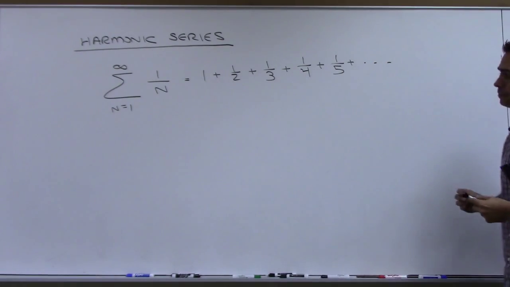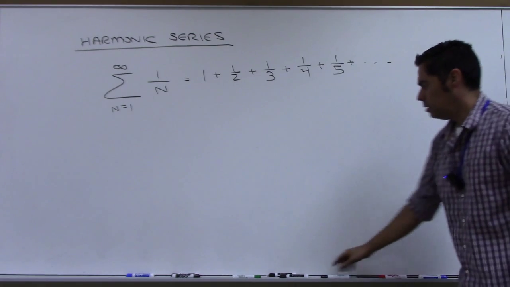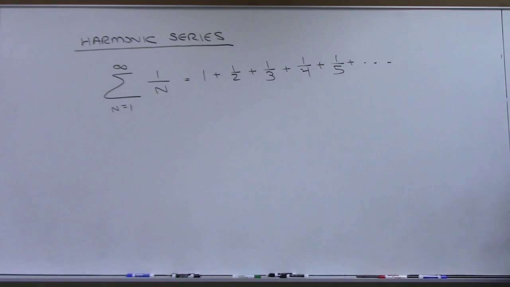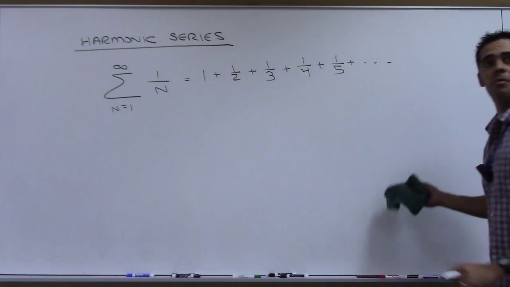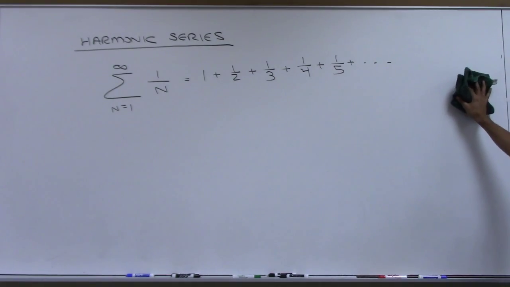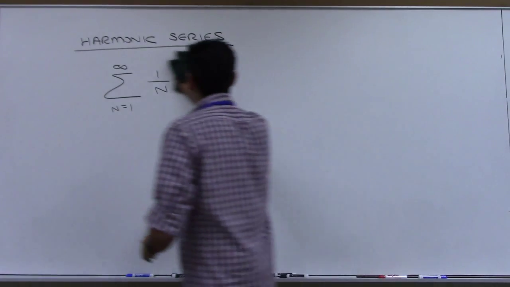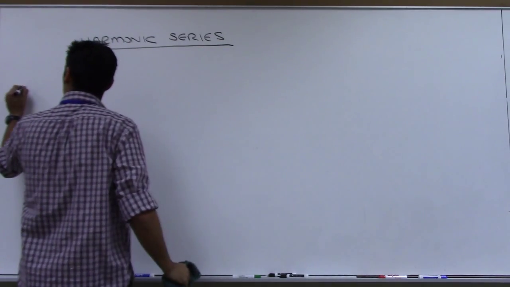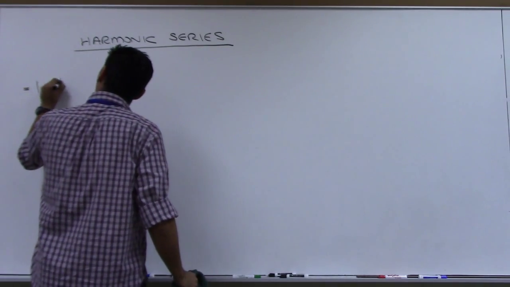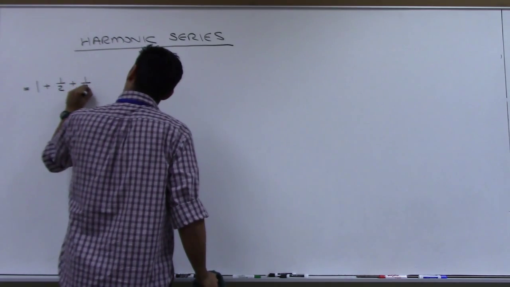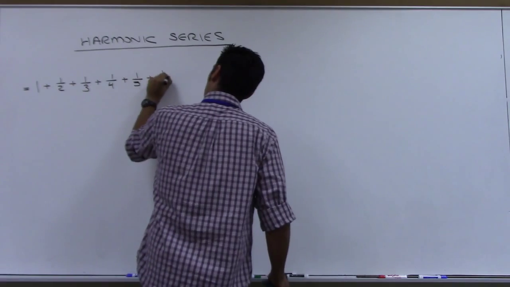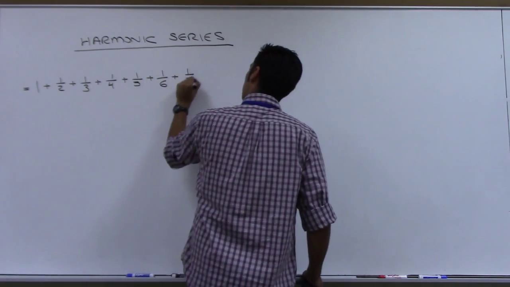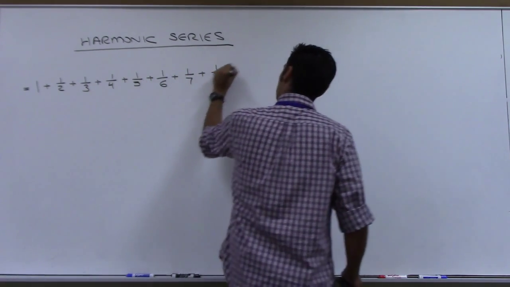Let's see. What I'm going to do is I'm going to write out a bunch of these, all right? So I'm going to erase this to give myself a little more room. That series is 1 plus a half plus a third plus a fourth plus 1/5 plus 1/6 plus 1/7 plus 1/8 plus 1/9.